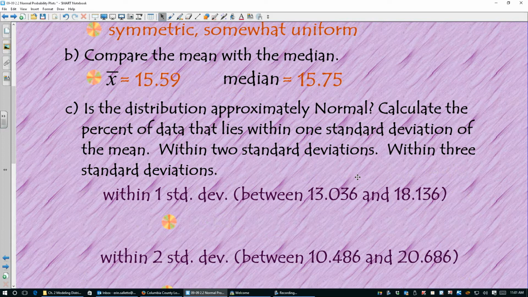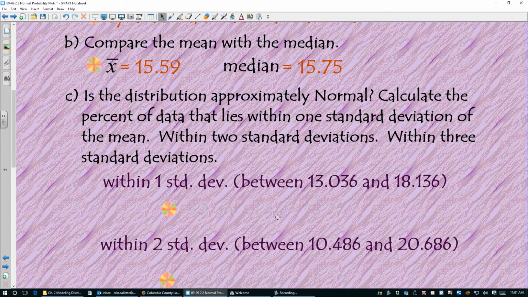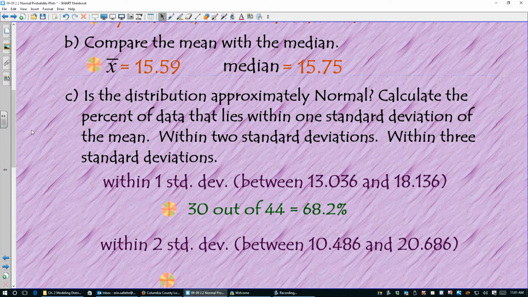Now I'm going to see if it's approximately normal by doing two things. First, I'm going to see whether or not it follows the 68, 95, 99.7 rule. Our standard deviation was given to us in our one variable statistics, and our mean was 15.59. Within one standard deviation, 68.2% of my data is there because 30 values fall between those two numbers in my data.